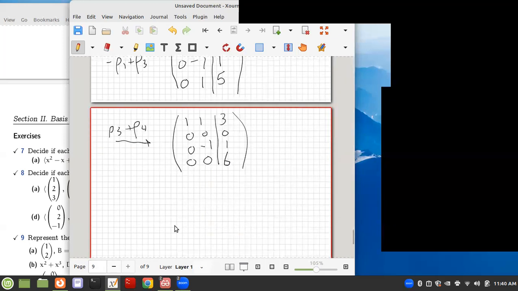And then formally to put it in echelon form, I would swap row 2 with row 4. No, actually, let's see. Is there any way to do it with one swap?